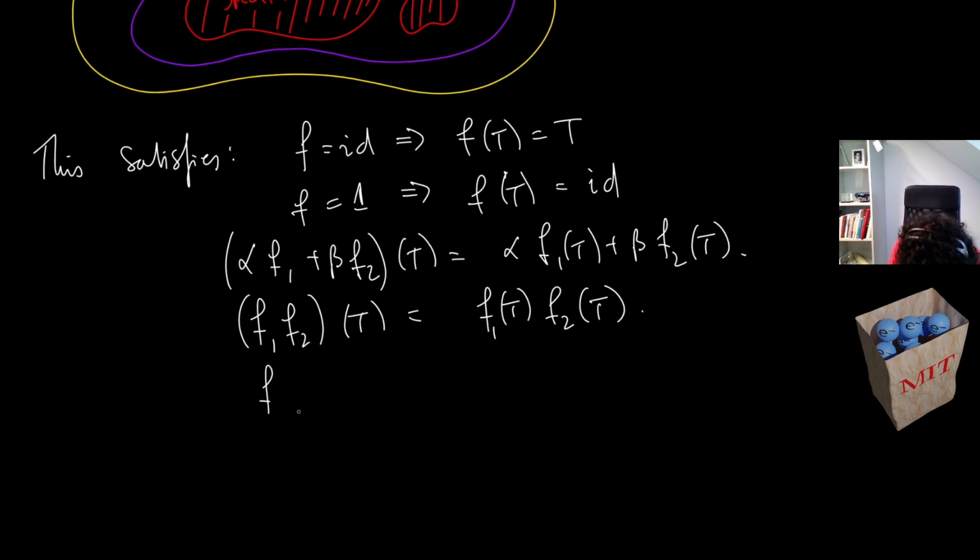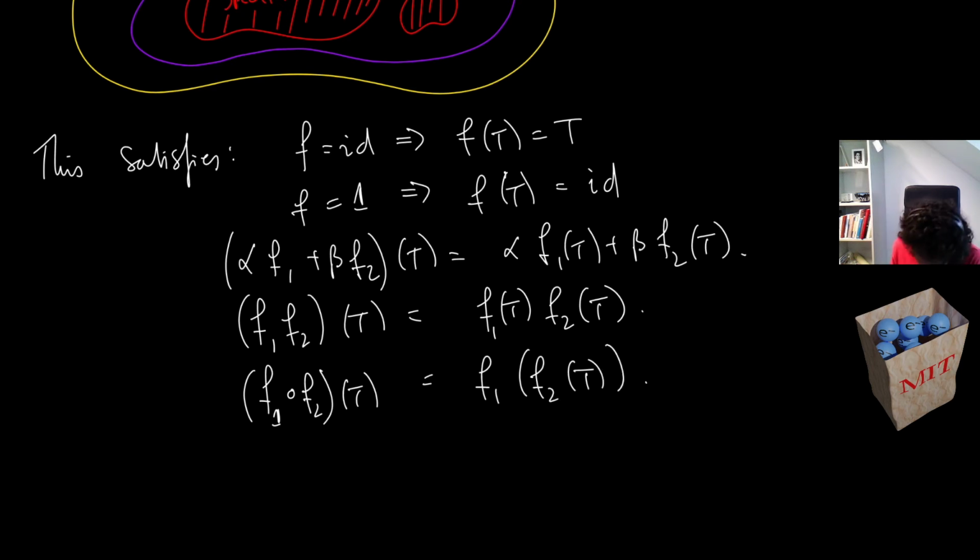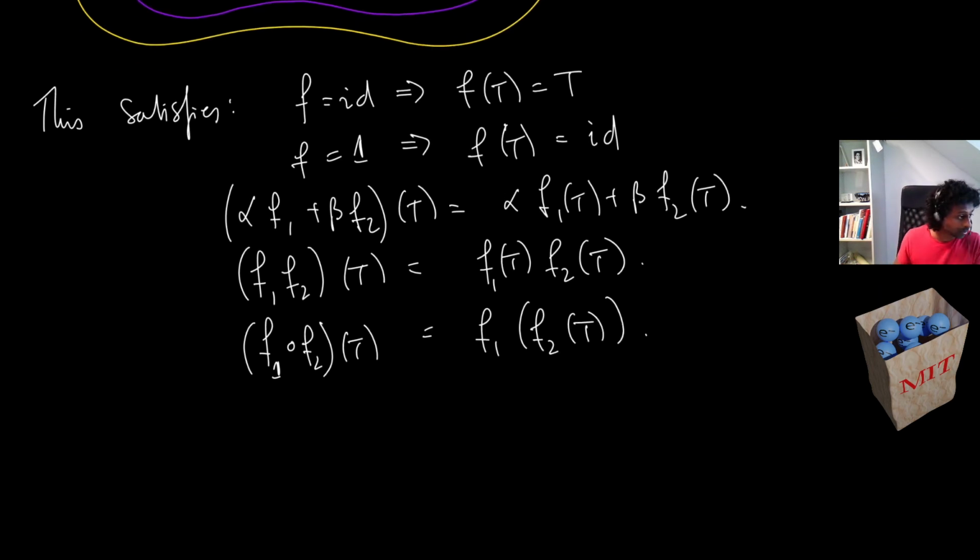So f1 composed with f2 of T is equal to f1 of f2 of T, etc. So it satisfies lots of nice properties.